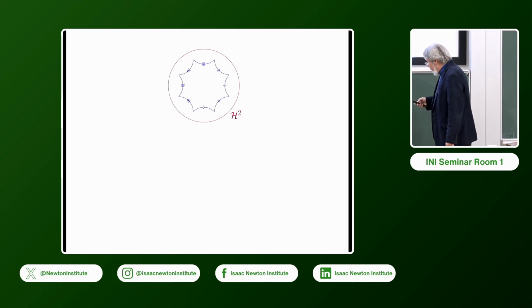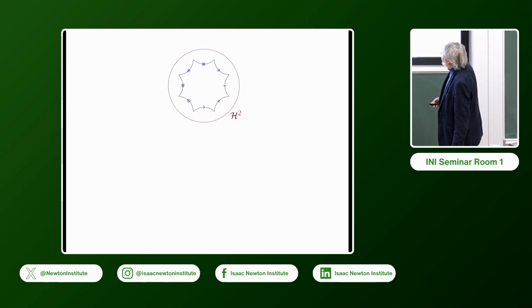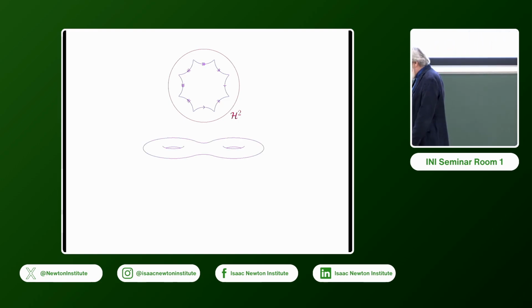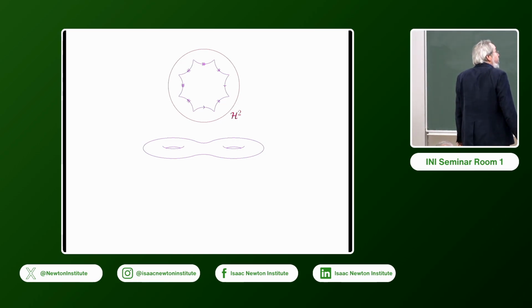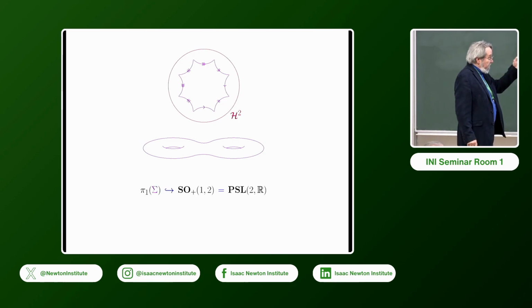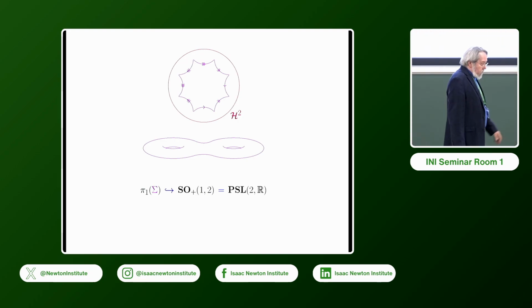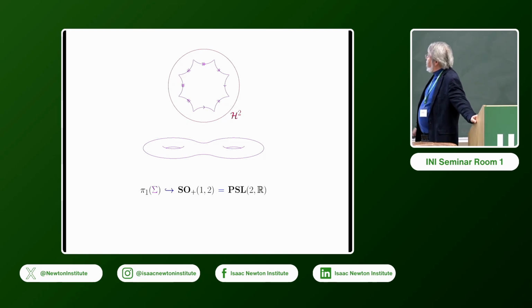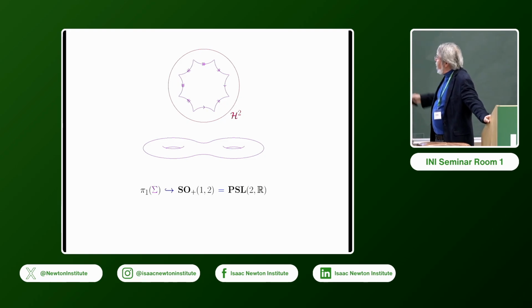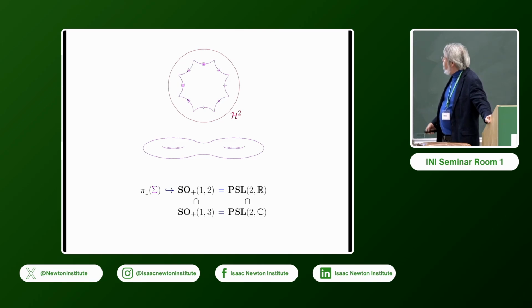And then it'll turn out that if you glue together with those rules, you get a very concrete way of showing that on a genus 2 surface you have constant curvature metrics. That's to say this puts the fundamental group into the isometry group of the hyperbolic plane.